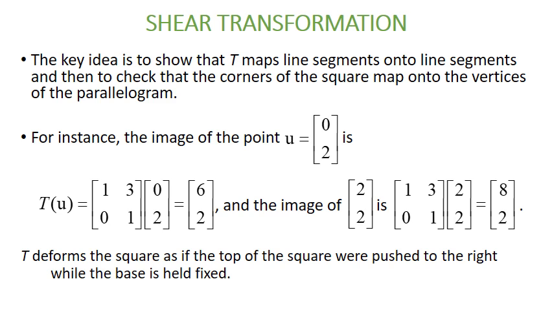Here is basically an example. We can say the image of this vector is (0, 2). When we manipulate this, this is A, this is U, and we end up with this new vector.